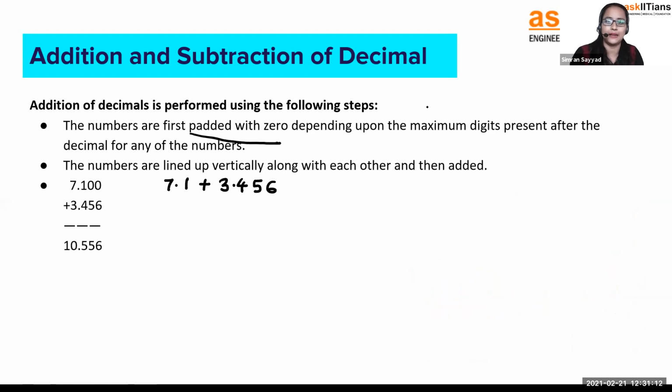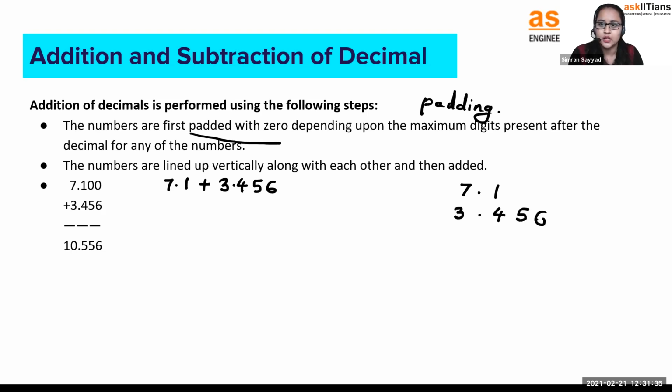Now, what do you mean by the word padding? You have to make the decimals equal in terms of each and every position. So if I write 7.1, and one more important thing, the decimal should come under the decimal.